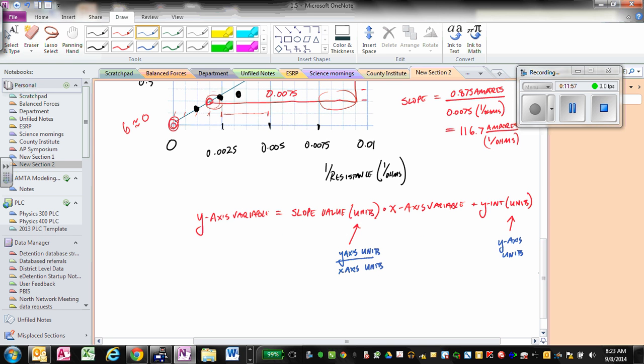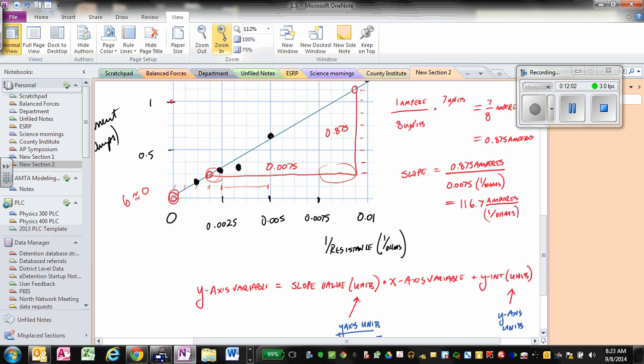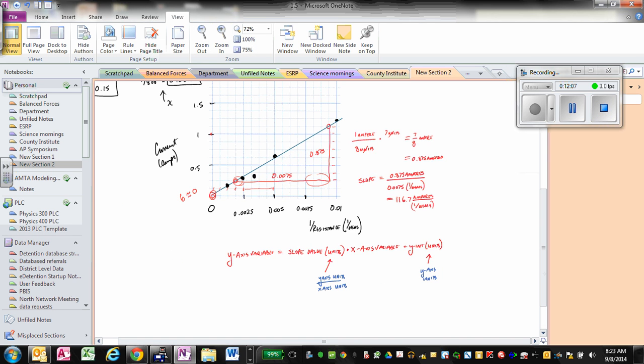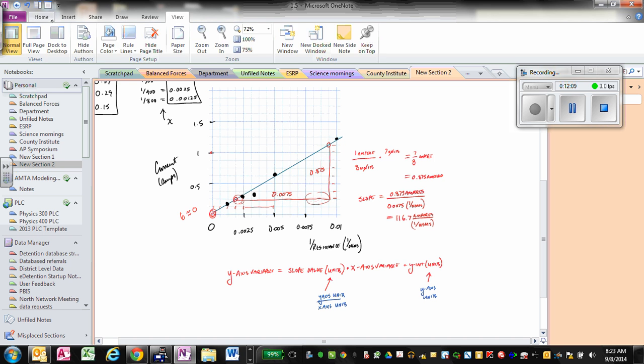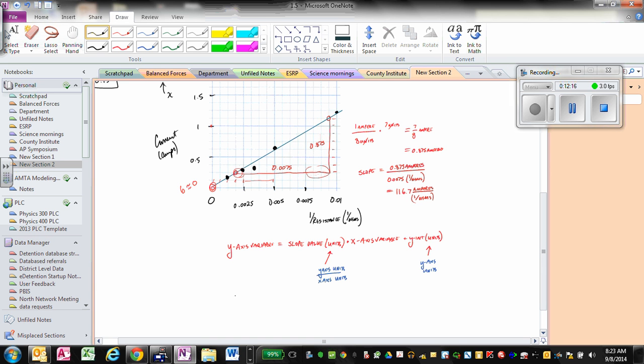So, looking back at my graph, I know, get my pen back here, that my y-axis variable is current. My slope I determined to be 116.7 amperes over 1 over ohms.